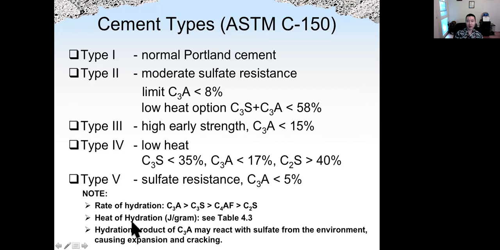Okay, and heat of hydration, which depends on how much heat is produced for each gram of the compound, is quite different, and you can see from the table in the textbook. And the hydration product of C3A, which we'll see in a moment, may react with the sulfate from the environment and cause concrete to crack. Okay.